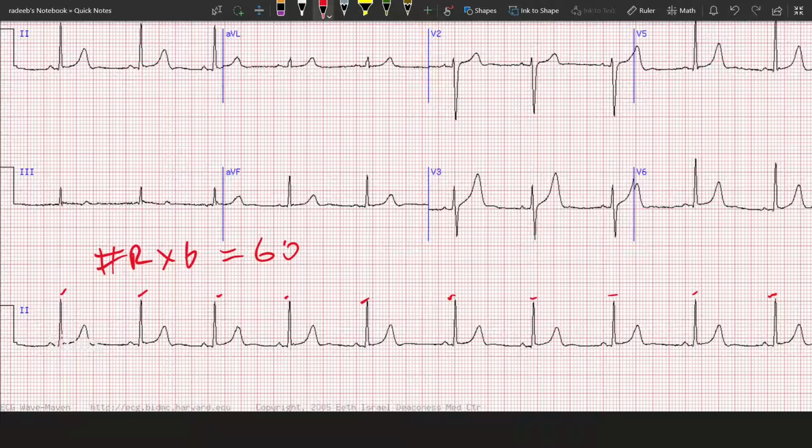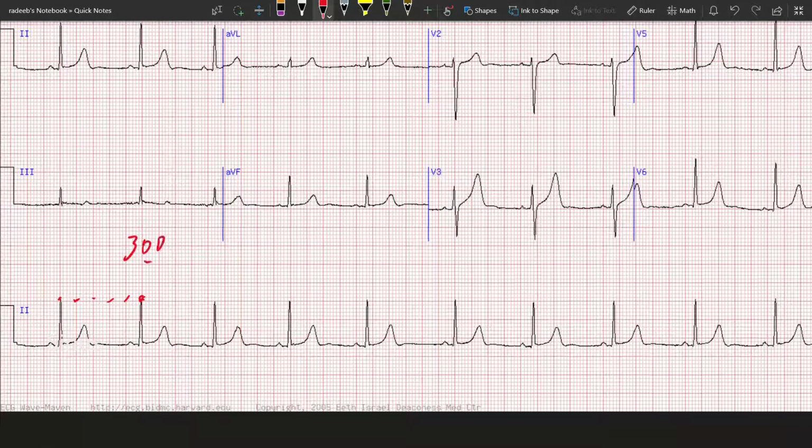In this method, you do have to make sure you have a 10-second EKG. If you are on telemetry and you're looking at a lead strip, this method will not apply because you don't have a 10-second strip unless you get one. The last method to determine rate is to look at the number of large boxes between an R and the subsequent R. Let's say here you have 1, 2, 3, 4, 5 large boxes.